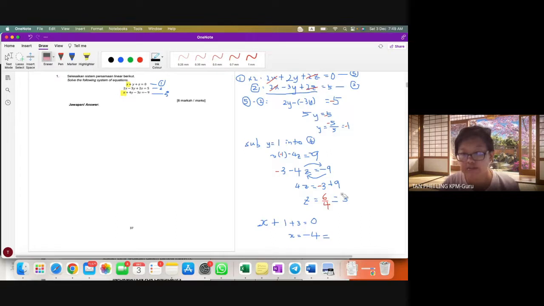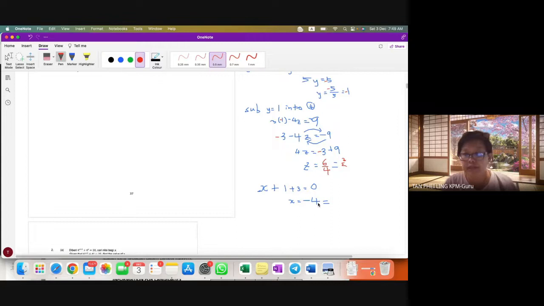So I get 3 over 2. Correct. Okay, then I will have here negative 1 plus 3 over 2, right? So this one become 1 over 2. So x is minus 1 over 2. Okay, wrong, equals to minus 1 over 2.